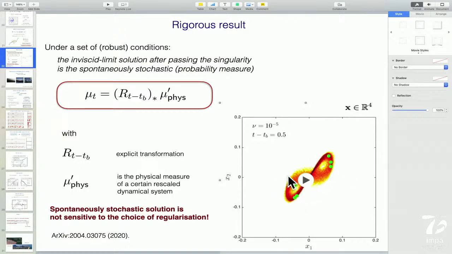It shows the probability distribution, the density. The darker region means more solutions are found in this place and fewer solutions elsewhere. So it's the probability distribution at that time obtained through these 100,000 simulations, and the green points are just specific simulations that I want to show.